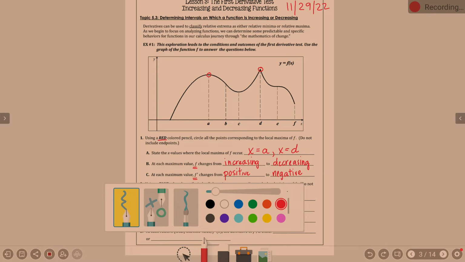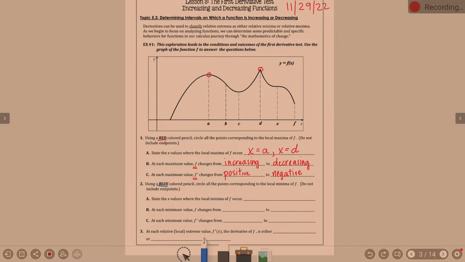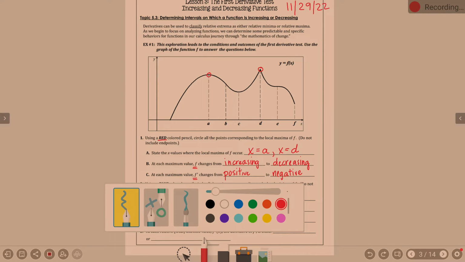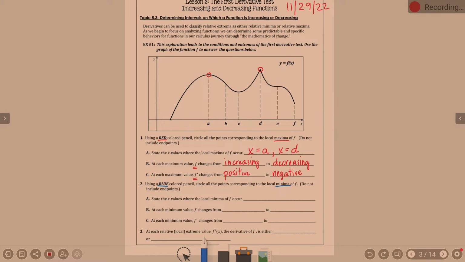Okay. Officially, it says to change colors. I don't care how you do this again, but use a blue colored pencil. Circle all the points corresponding to the local minima of f. Last time it was maxima, this time it's minima. Do not include endpoints. So, where would you like blue circles? C looks like a minima.